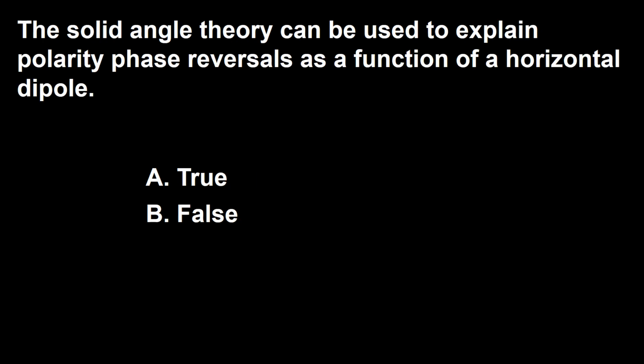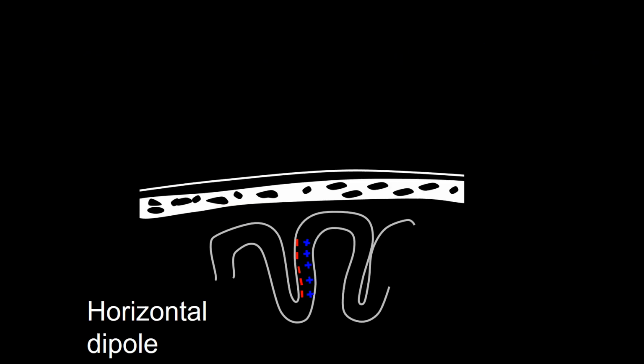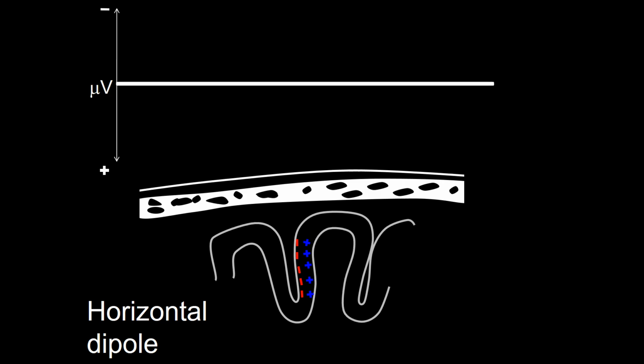Next question. The solid angle theory can be used to explain polarity phase reversals as a function of a horizontal dipole. A true, B false. On this frame, I am representing a horizontal dipole that, as expected, is occupying the wall of a gyrus. Above, I have represented a voltage line.